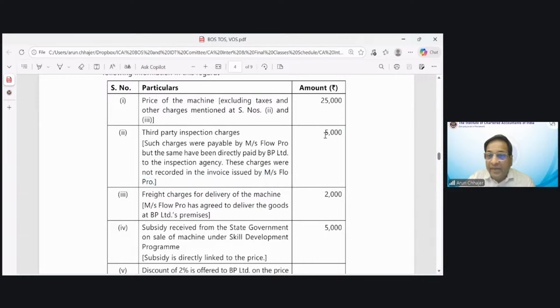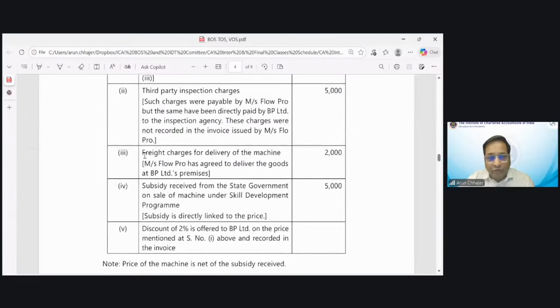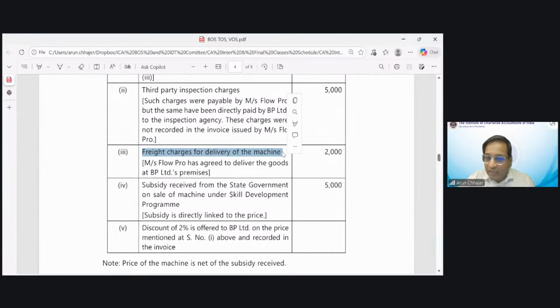So, will it be added or not? This 5,000 to be added in the value or not to be added in the value? Added in the value. Perfectly. Same reasoning. Now, freight charges for the delivery of the machine; the supplier has agreed to deliver the goods to the premises. So it's 2,000.